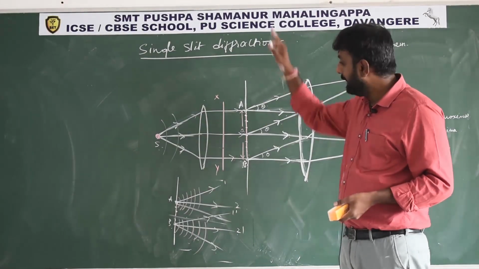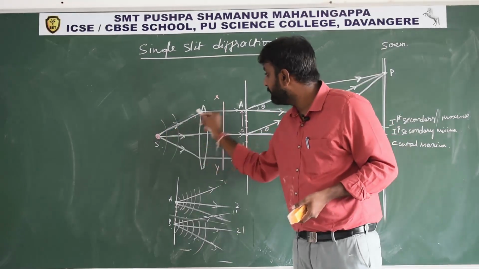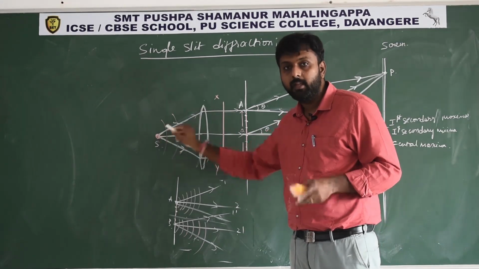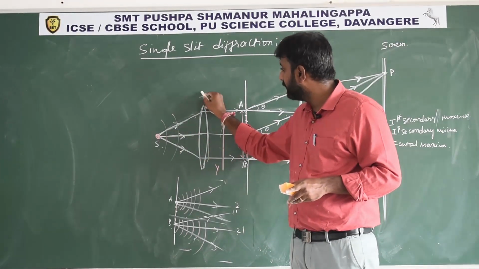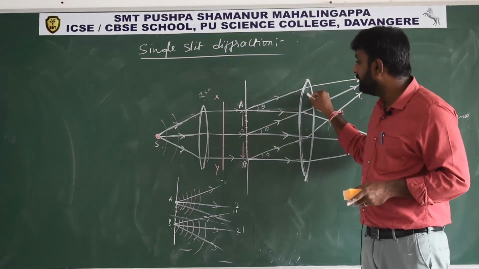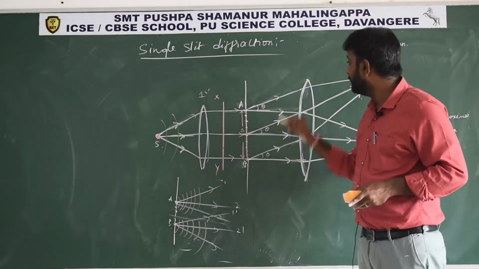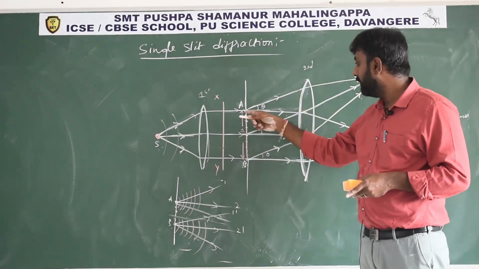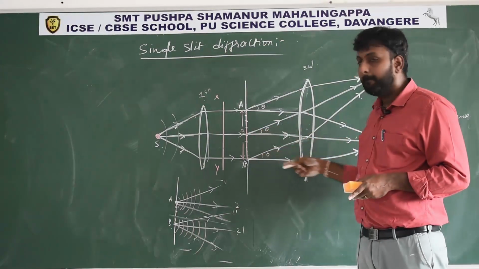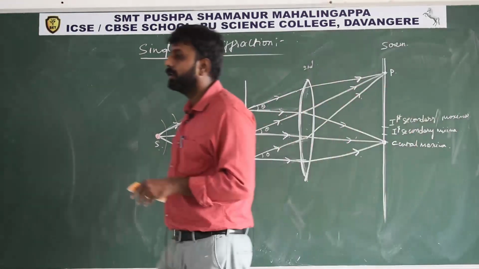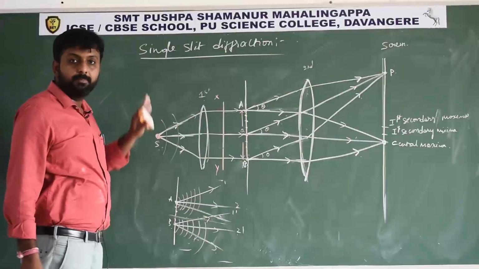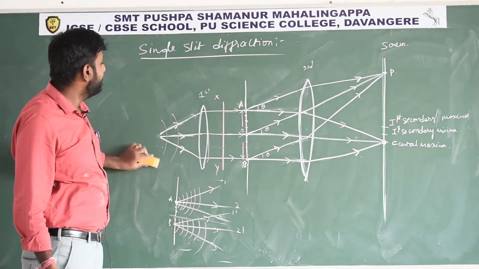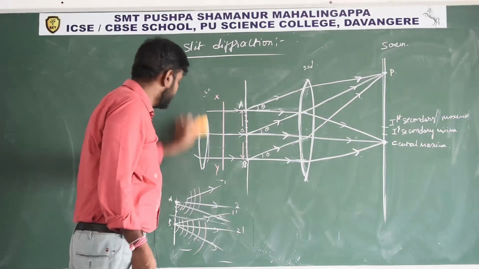Definitely the object is at infinity. This source is the object for the first lens. But for the second lens, it is not the object. For the second lens, the object is at infinity, because the incident light rays are parallel. So I will rub this diagram, and next I will get the conditions for minima and maxima.